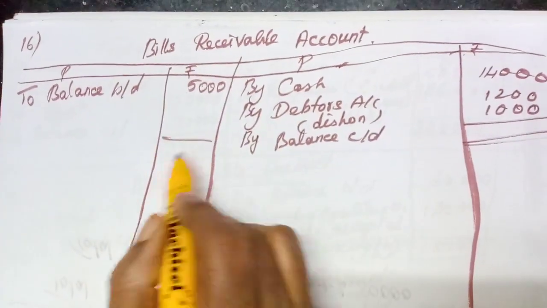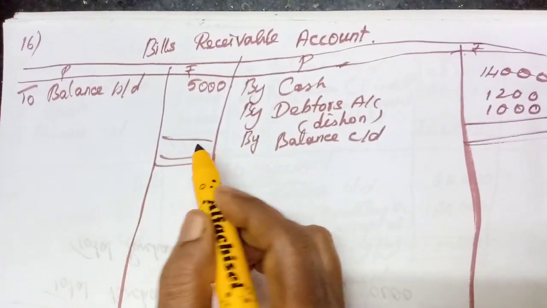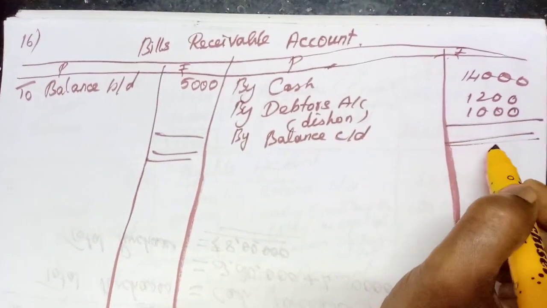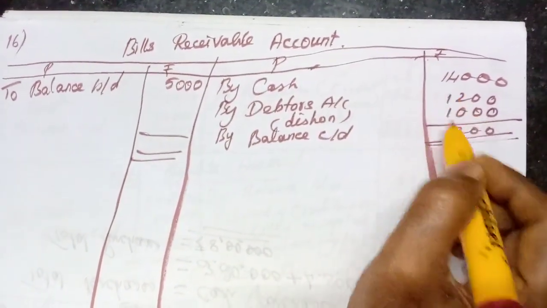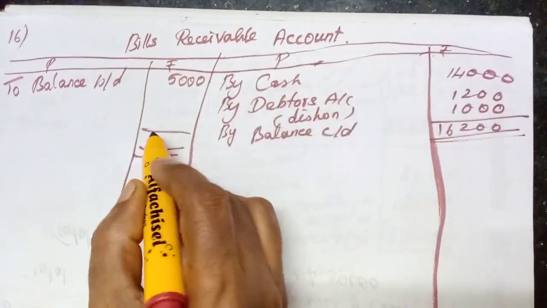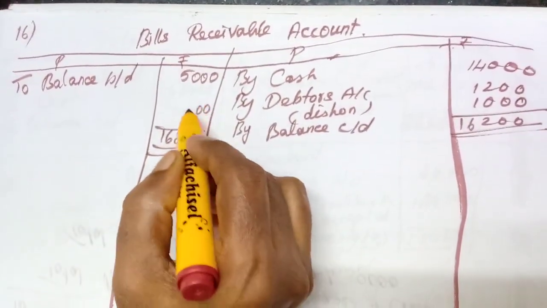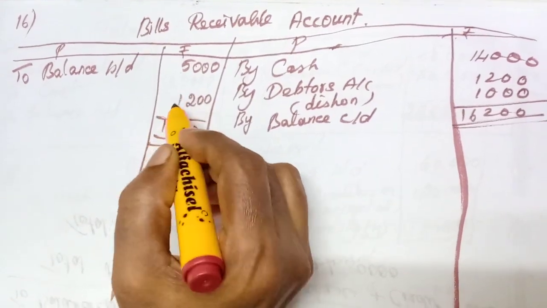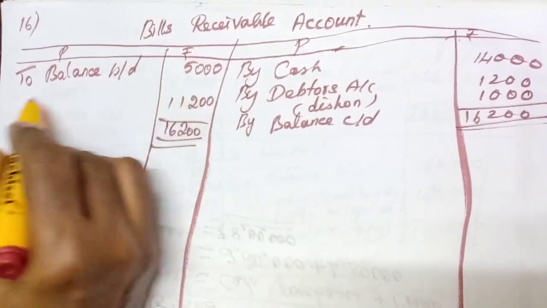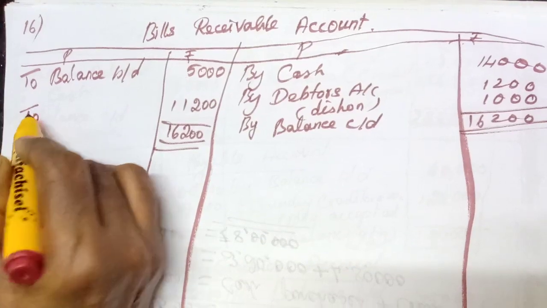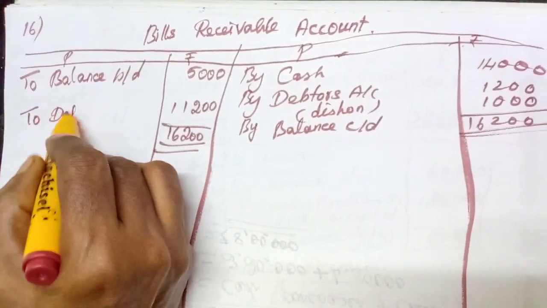Now balance it. 16,200, balance 200, 5 plus 1, 6, 1. So 11,200, it is to debtors account.